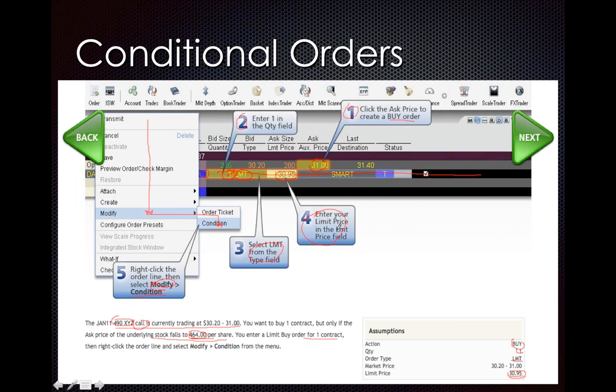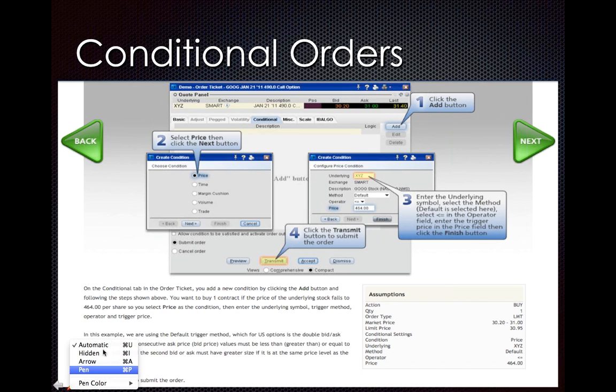You limit the price, and then you go through the additional menu by right-clicking on the line, and you select conditions. Right. In the next slide, you can see that you've got an add button, and that's what you use.